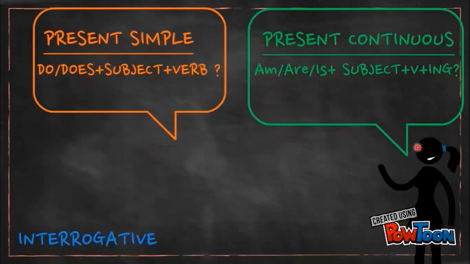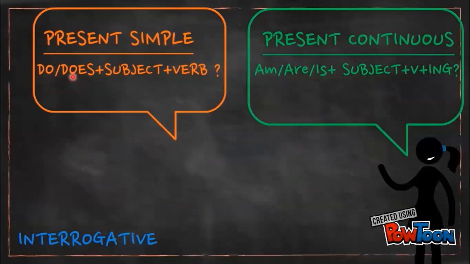Now, the interrogative form. Remember that we were talking about these auxiliaries because they are going to help sentences. If we change the order and we put first the auxiliary, we are going to write or to speak or to ask questions. So we have do or does. Remember that do is for I, you, we, they.